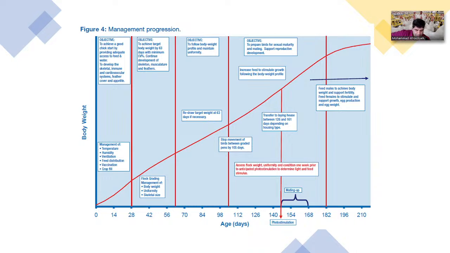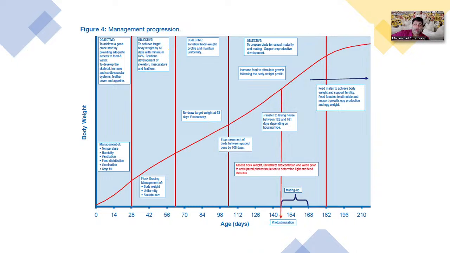So one more question here. Yeah, the previous one says my flock is 2,000 pullets, but I get only 1,500 eggs per day. Why? So we need to know the age of the birds, because when you look at the egg production curve, maybe your birds are before peak production or after peak production.